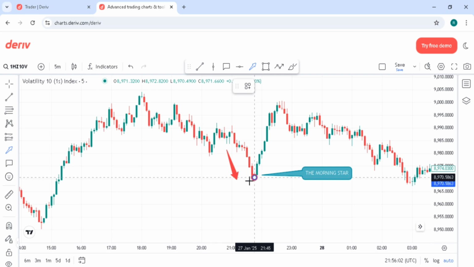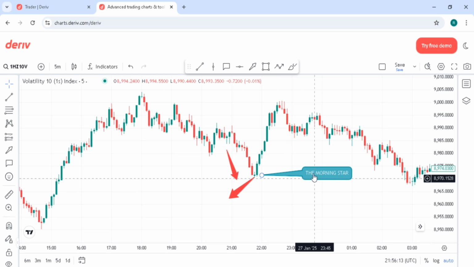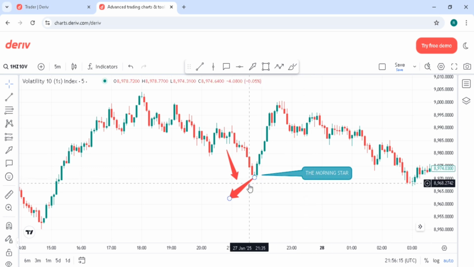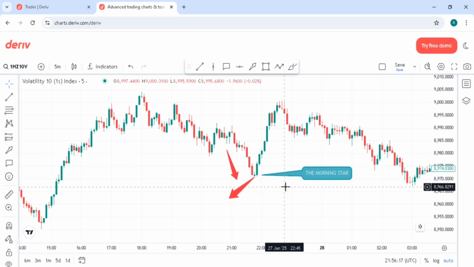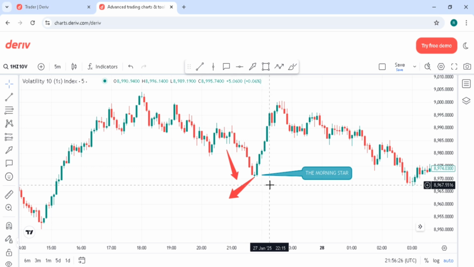That candlestick could be like the one shown here, a spinning top candle, or it could also be a doji. Now a spinning top means it's a candlestick with wicks on either side, and the wicks are almost equal in length.